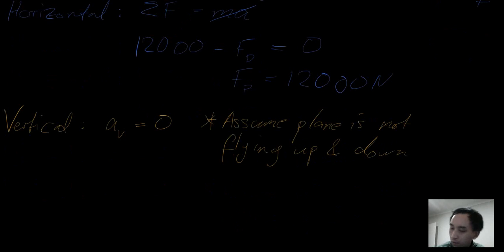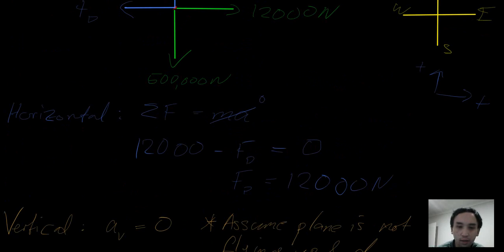So over here, we can say that the sum of our forces is equal to ma again, but of course, if a is equal to 0, all of this turns into 0. Now, the forces that were given were an upward lift force, so FL minus its weight. If we refer back to the diagram, that was 500,000 newtons, and that's going downward.